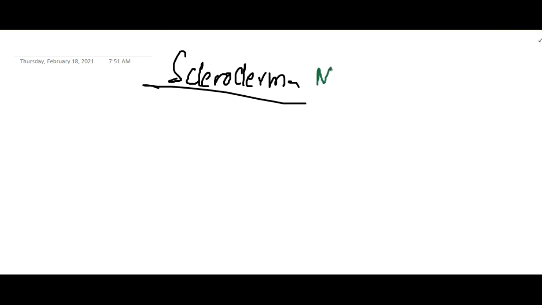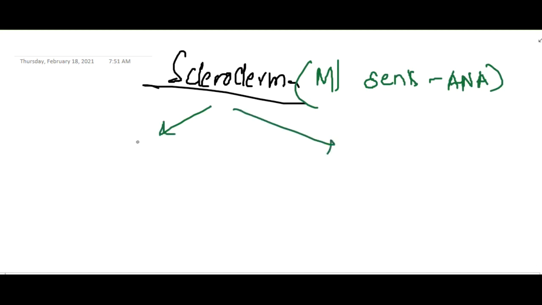Next, the autoimmune disease which is important is scleroderma. The most sensitive antibody in scleroderma is anti-nuclear antibody. This is of two types: limited scleroderma and diffuse scleroderma.